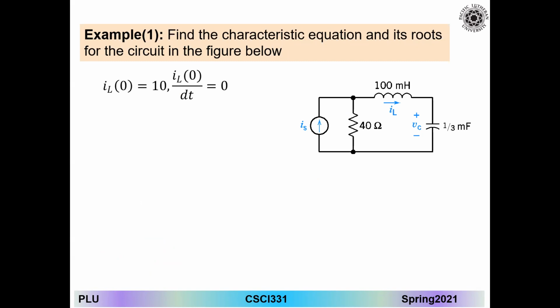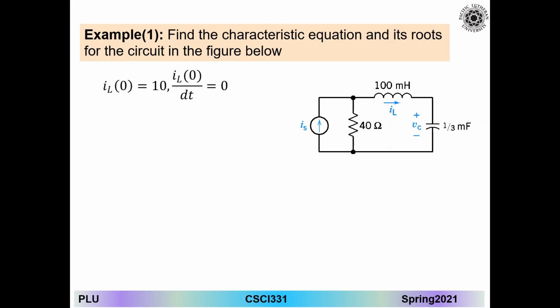So for the first example, generally speaking, you look at the circuit and identify the order before you start. In this circuit we have one inductor and one capacitor. That's enough to judge your final equation: it should be a second order differential equation. That's the first point.